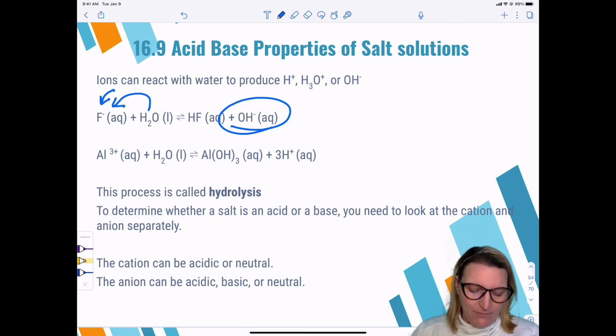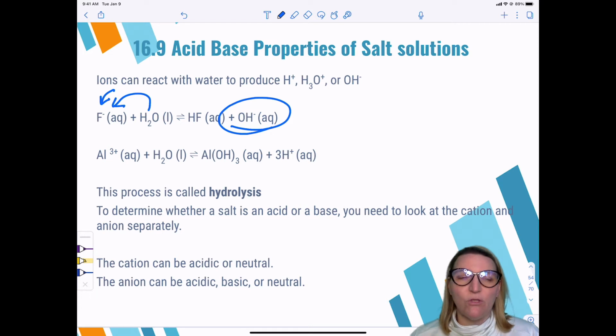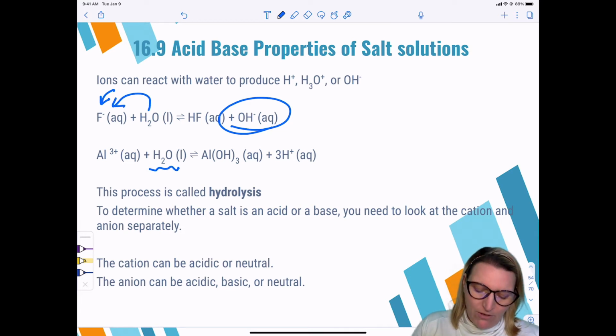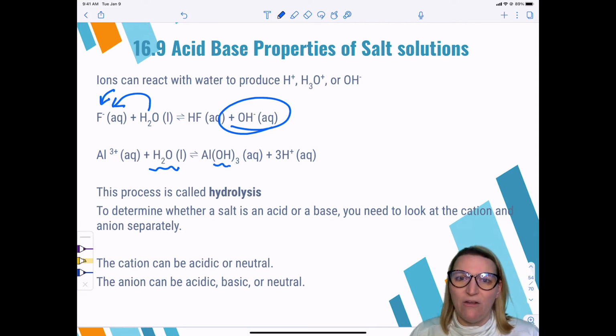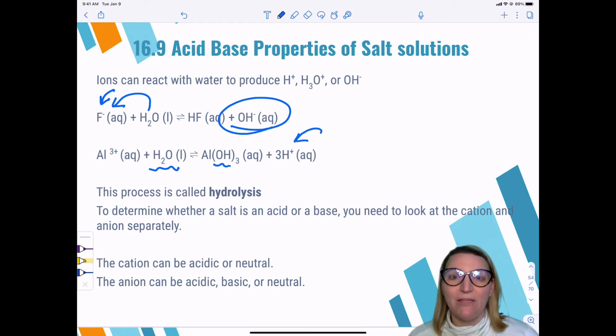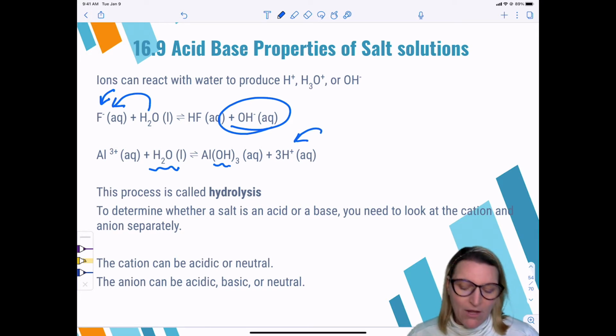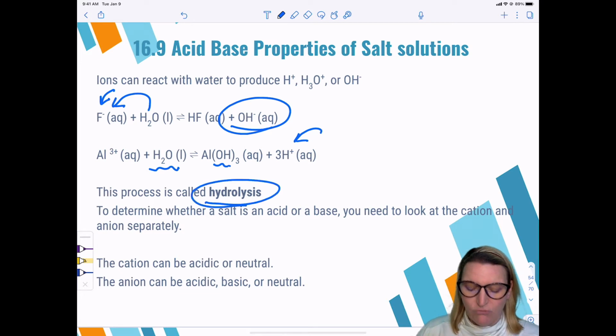Here's another example, the aluminum ion. If we did aluminum chloride, for example, just some regular old ionic compound, aluminum nitrate, when I put that in water, the aluminum ion will react with water. It is positive, so it will attract that negative part of water, the OH minus, leaving behind H plus. That would mean that the pH was a little acidic. So this is called hydrolysis.